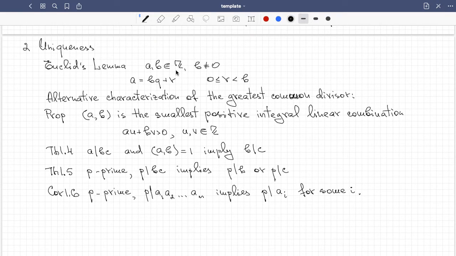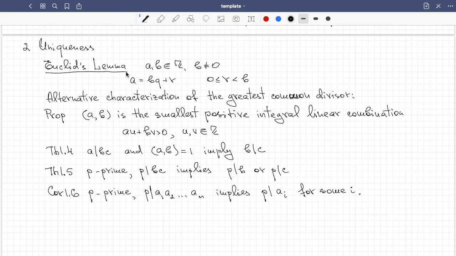Thus, uniqueness by this argument is implied by Euclid's lemma. As soon as we know Euclid's lemma, we can try to mimic this argument. And that is what we're going to do later with some different objects.